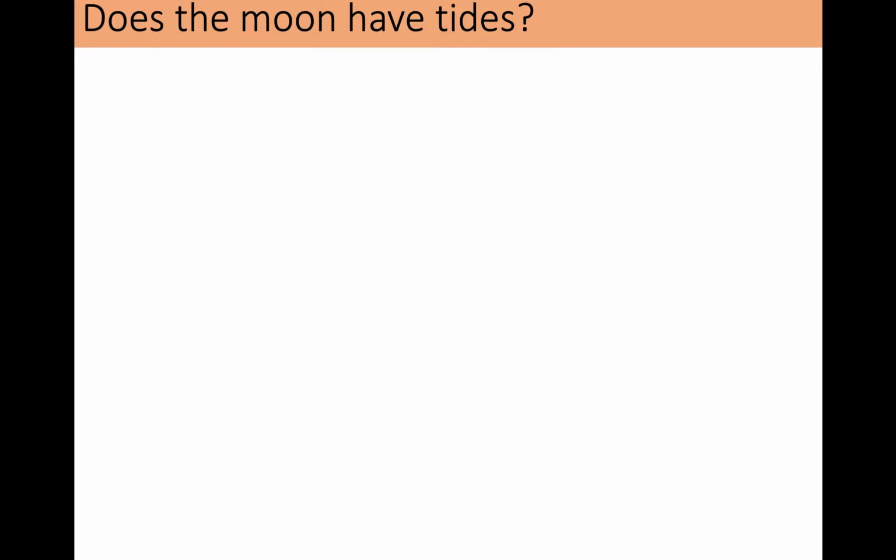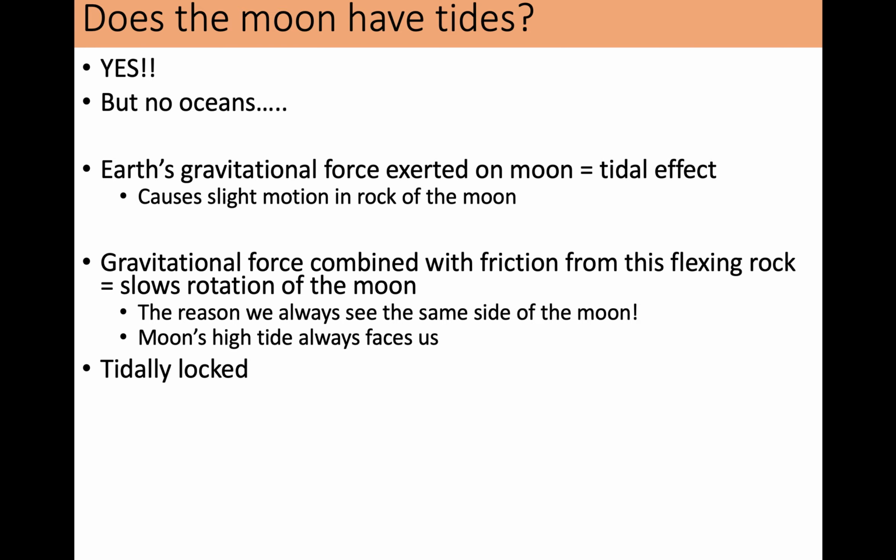Does the moon have tides? So we know that the tides on Earth are caused by this gravitational pull, an attraction between the Earth and the moon. So does the moon have tides? Yes, same thing. But the moon does not have oceans.